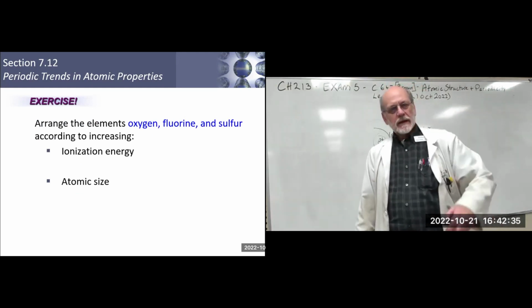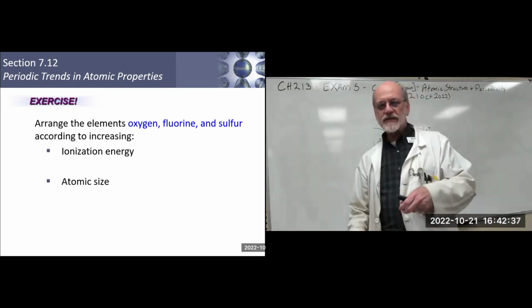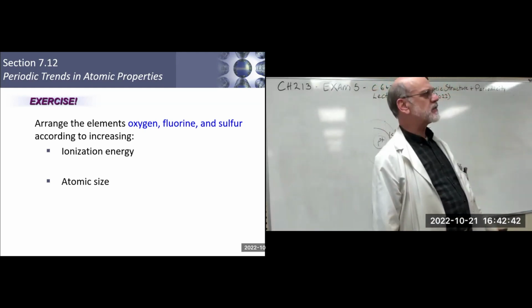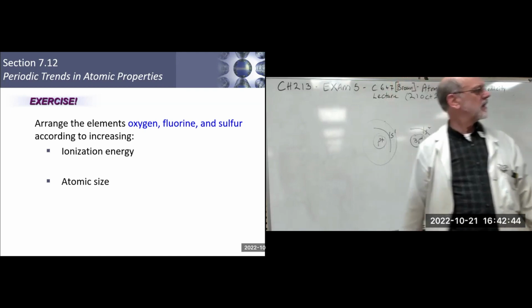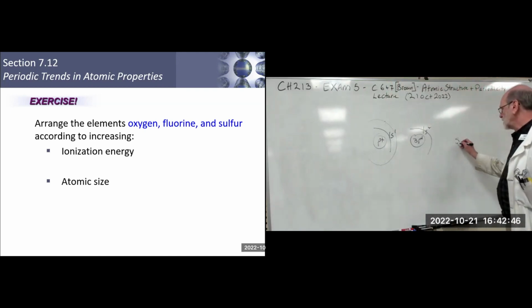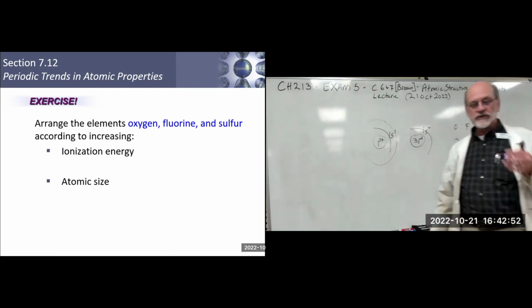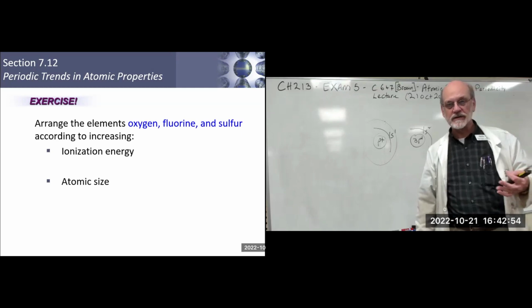Okay. Let's organize the oxygen, fluorine, and sulfur according to their ionization energies. So let's see where they are on the table. Sulfur, oxygen, fluorine, right, in their relative positions. So what does the trend say about ionization energy?